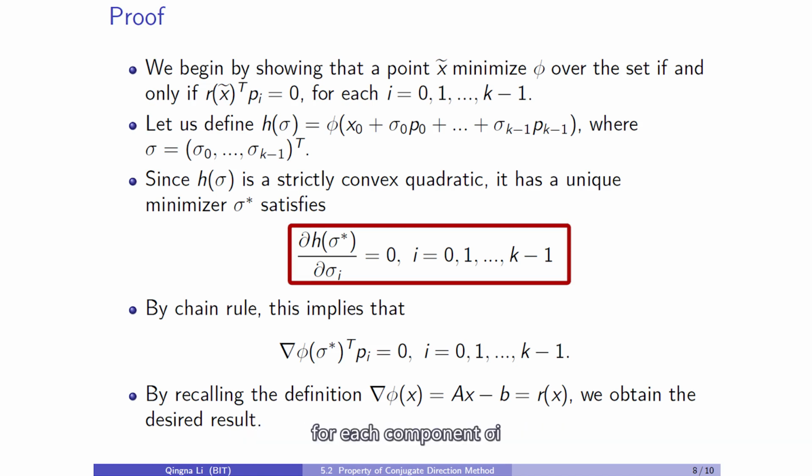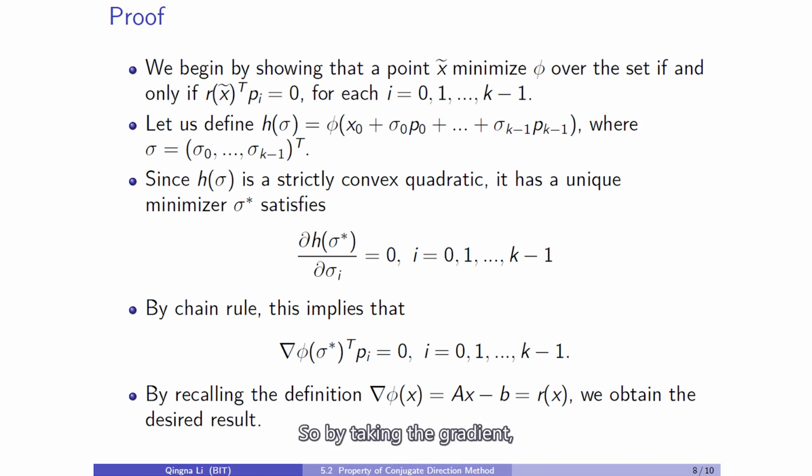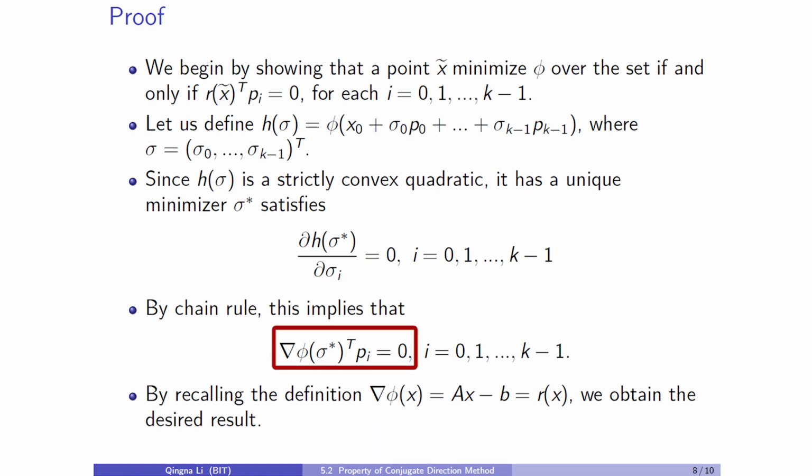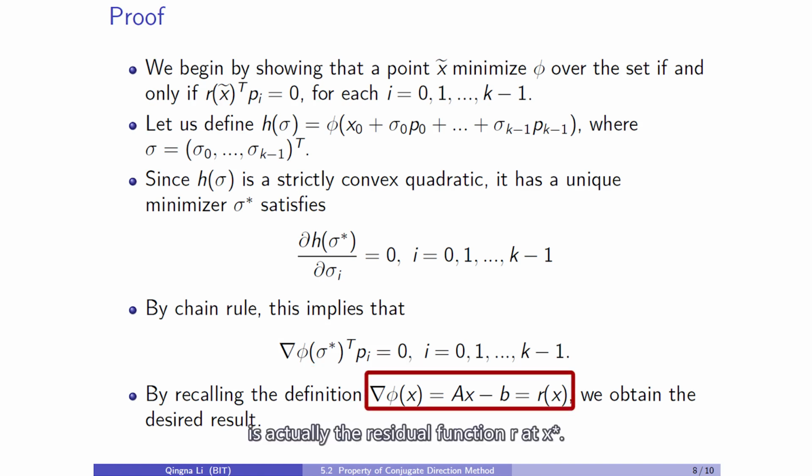So in other words, for each component sigma i, the partial derivative of h about sigma i is 0 at the optimal solution sigma star, okay? By taking the gradient, we can show that this gradient is exactly the gradient of phi at x star transpose pi. So the gradient of phi is actually the residual r at x star, okay?